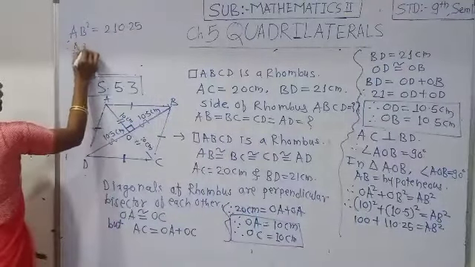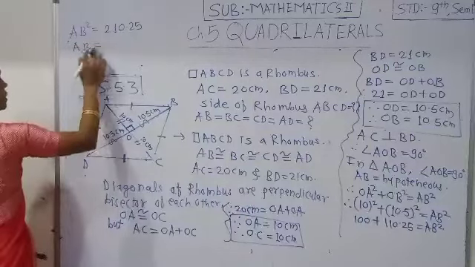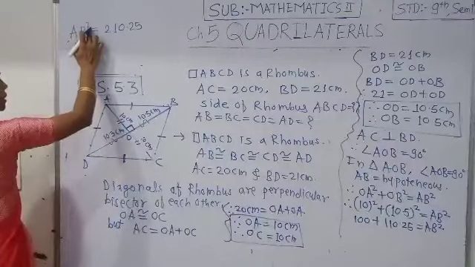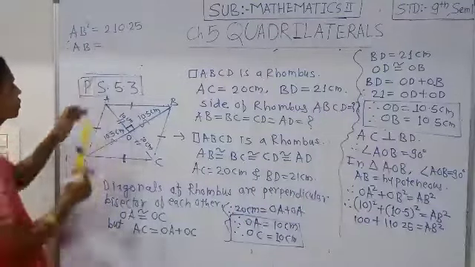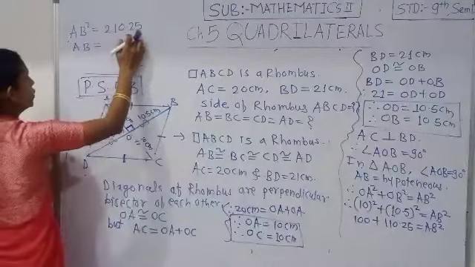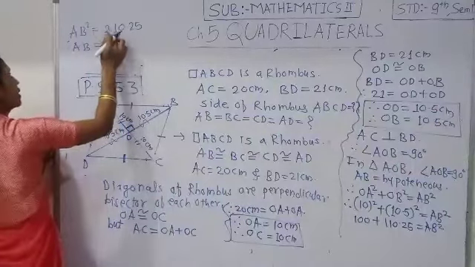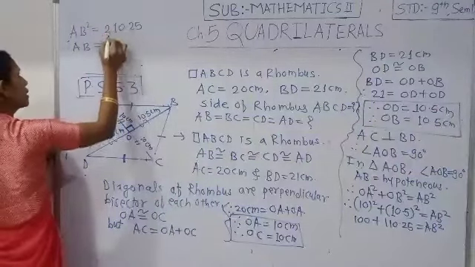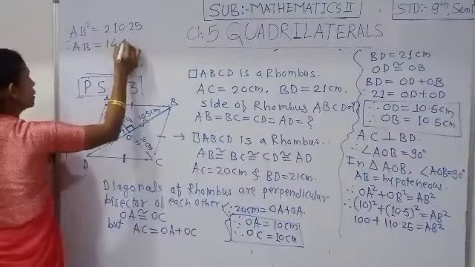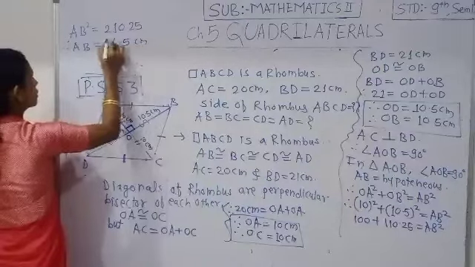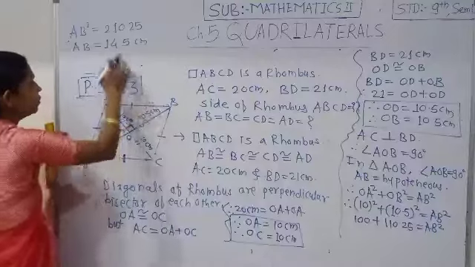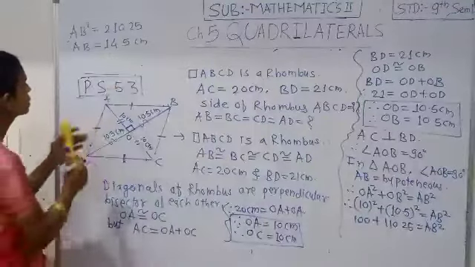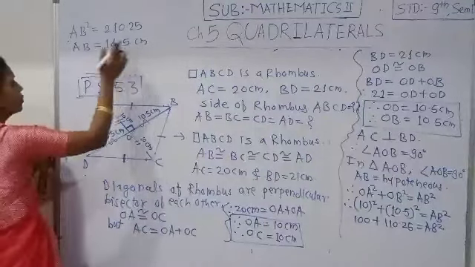Taking square root on both sides, the square root of 210.25 is 14.5 centimeter. That means AB, which is the side of that rhombus, is 14.5 centimeter.